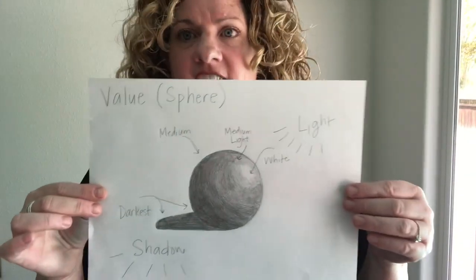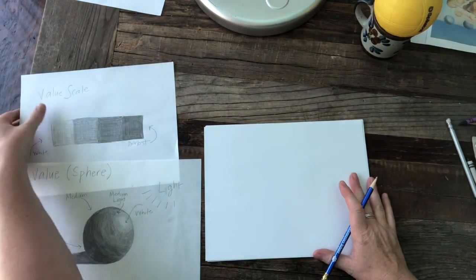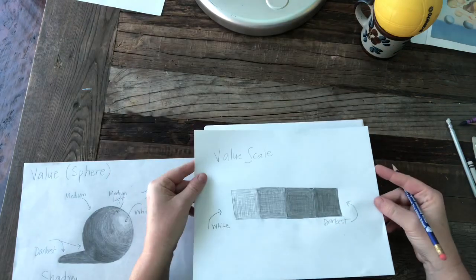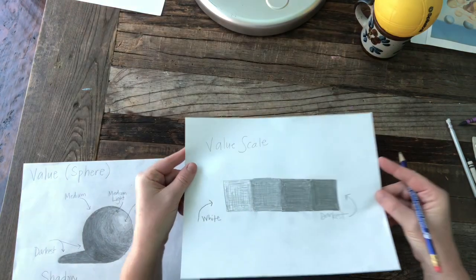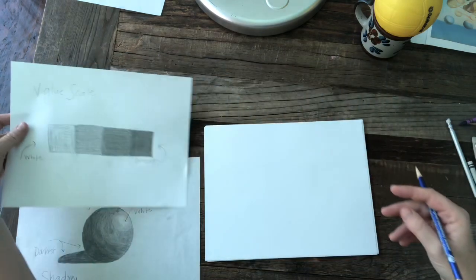Okay, let's get started on our project of learning how to draw a sphere. Okay, we are going to start by drawing a value scale. And this is a way to practice shading from lightest to darkest.